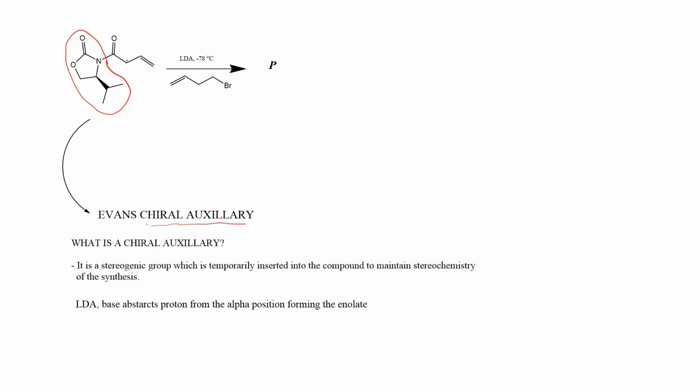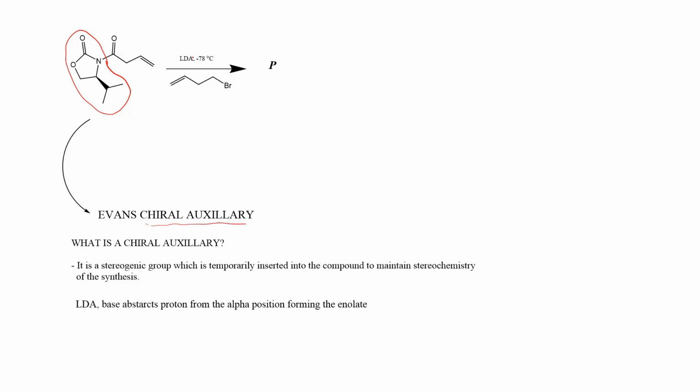If any reaction is going to happen at this position, since all else is in plane and this group is above, the above position is blocked, so the reagent will come from below. Afterwards, if we hydrolyze it with lithium hydroxide or reduce it with lithium borohydride, this group will go out.